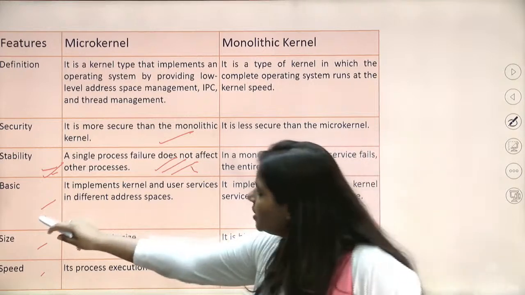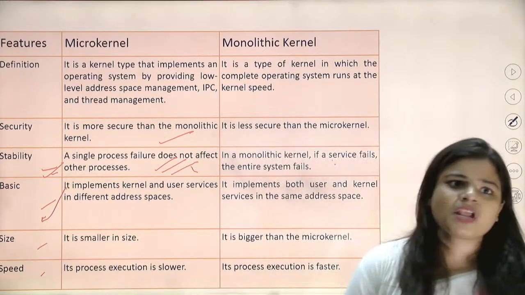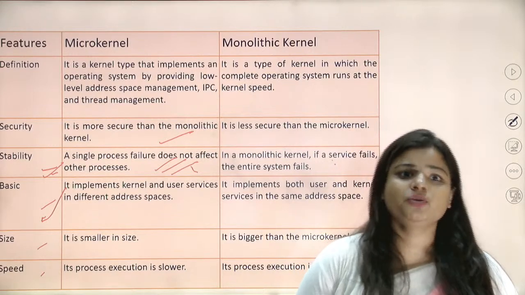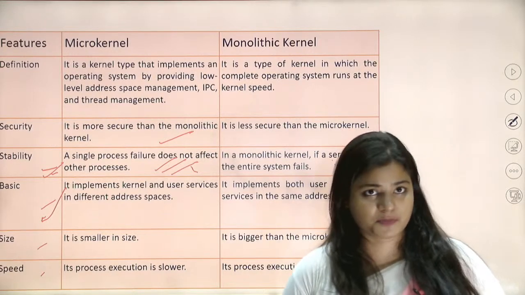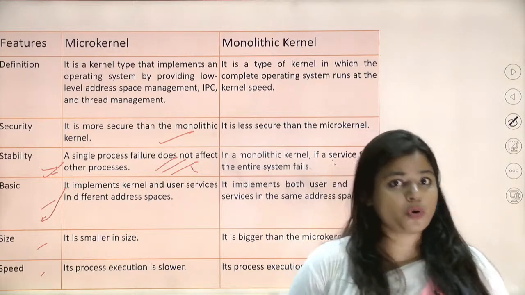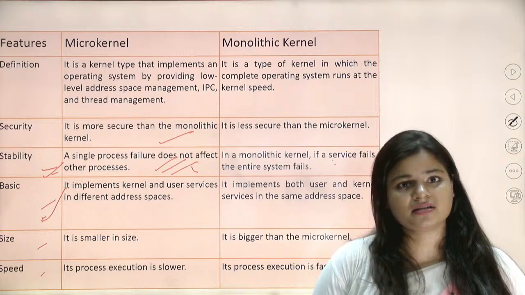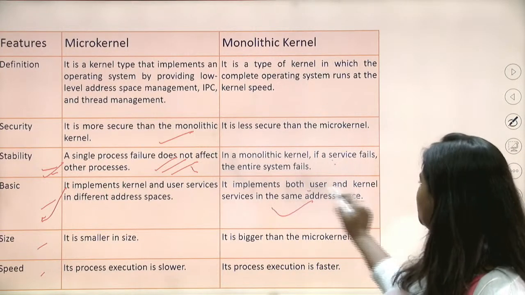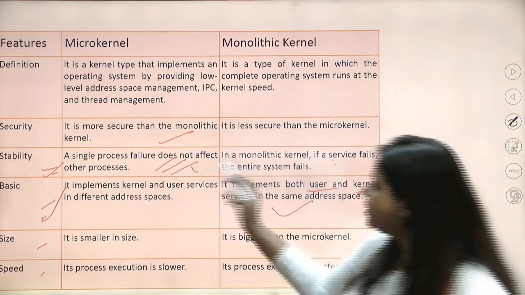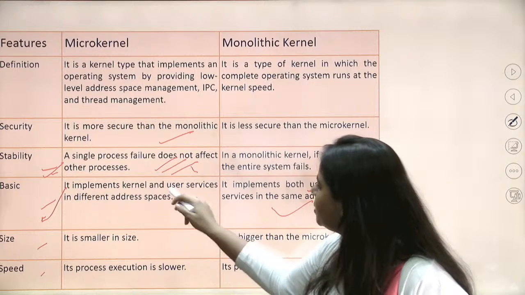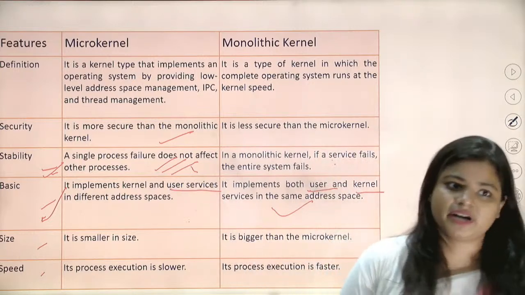Another basic feature is that a microkernel implements kernel and user services in different address spaces. A monolithic kernel implements both user and kernel services in the same address space, which means it is dealing with both user and kernel services.